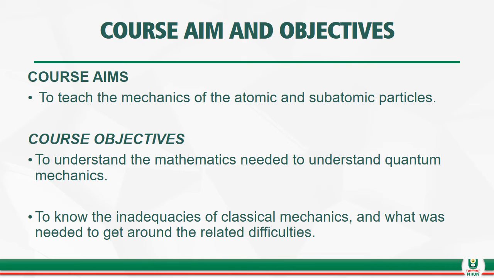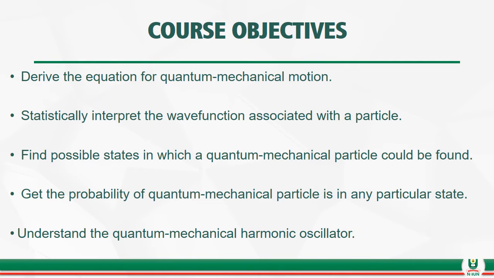Number two, to look at the inadequacies of classical mechanics and how to get around the related difficulties. Of course, we would also teach you how to derive the equation of quantum mechanical motion.